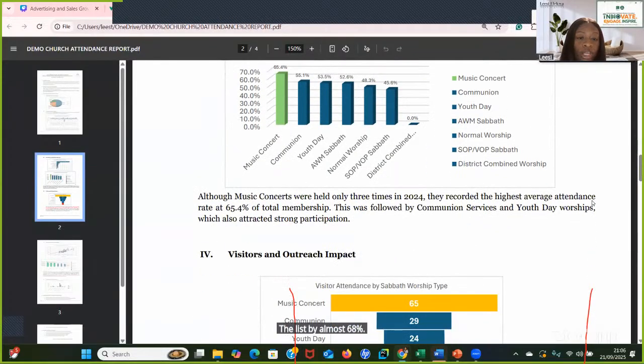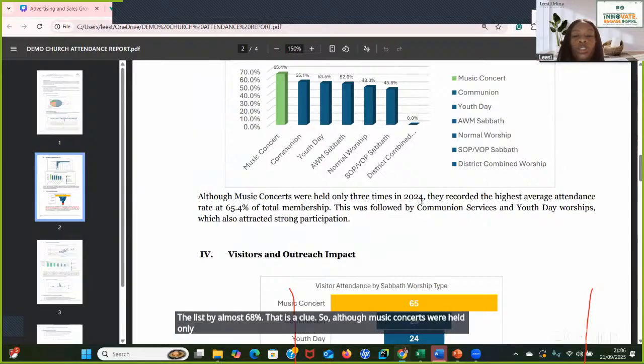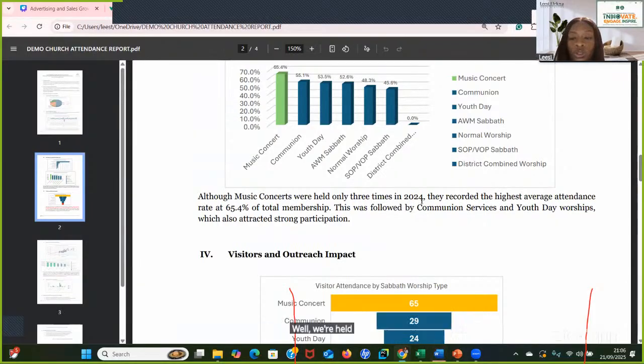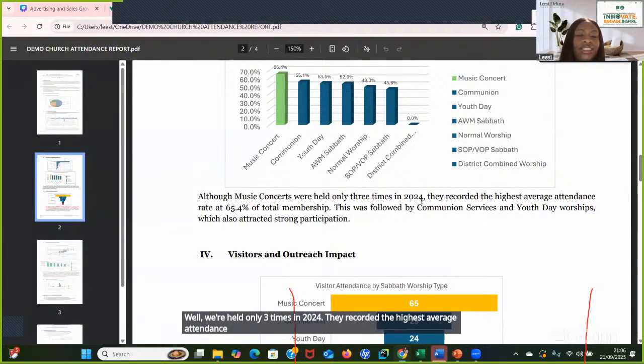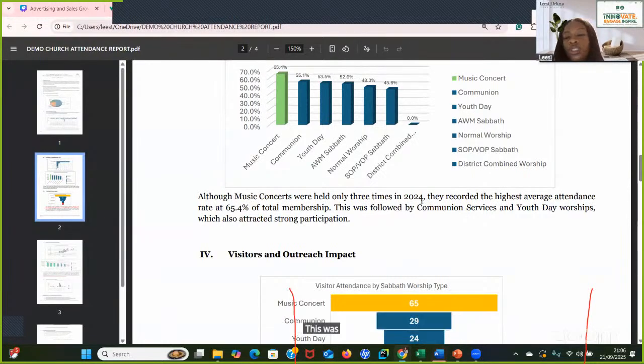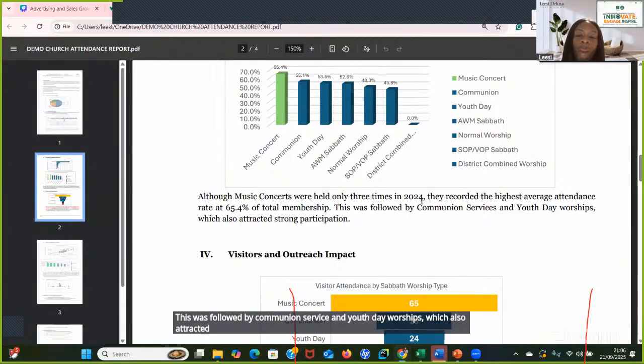That is a clue. Although music concerts were held only 3 times in 2024, they recorded the highest average attendance rate at 65.4% of the total membership. This was followed by communion service and youth day worships, which also attracted strong participation.